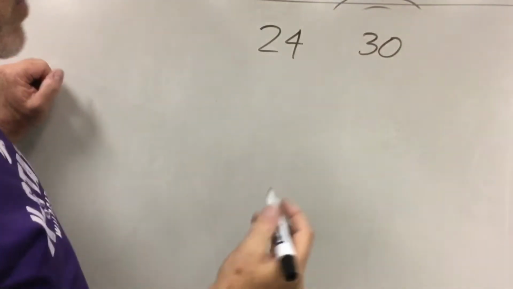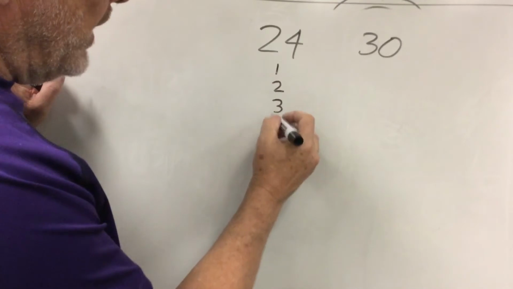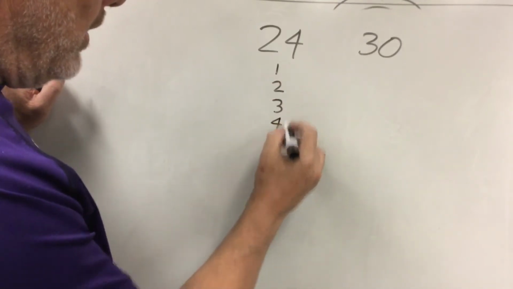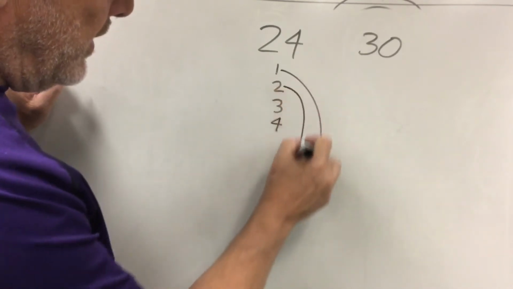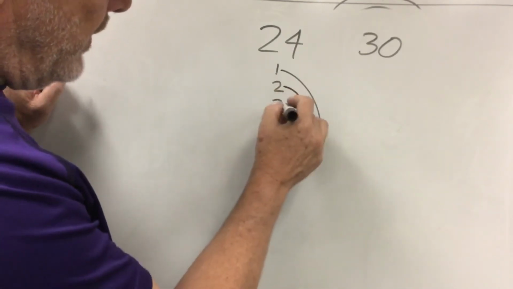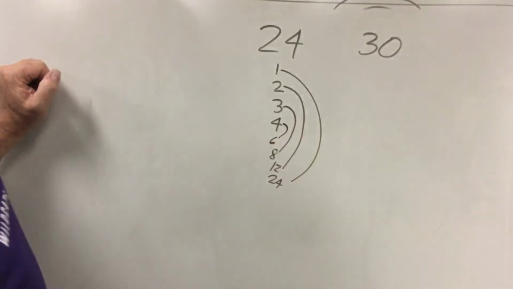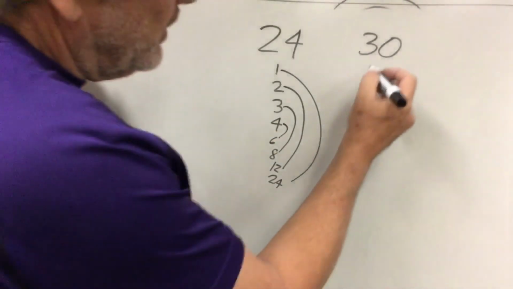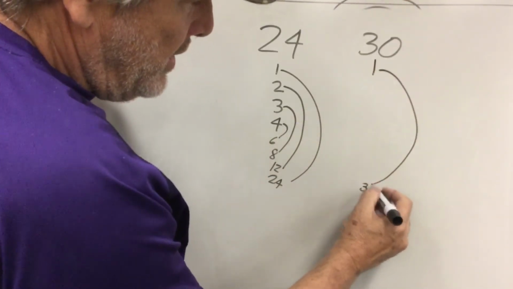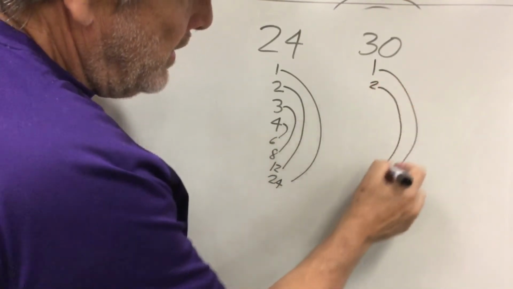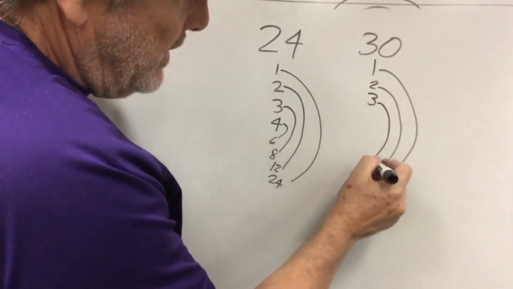Okay, so again, I'm going to list them: 1, 2, 3, 4, and I like to do the rainbow effect like this. And I know I have 12, then I have 8, and then I have 6. Okay, sideways rainbow. Now the factors of 30, 1 and 30, 2 and 15, 3 and 10.